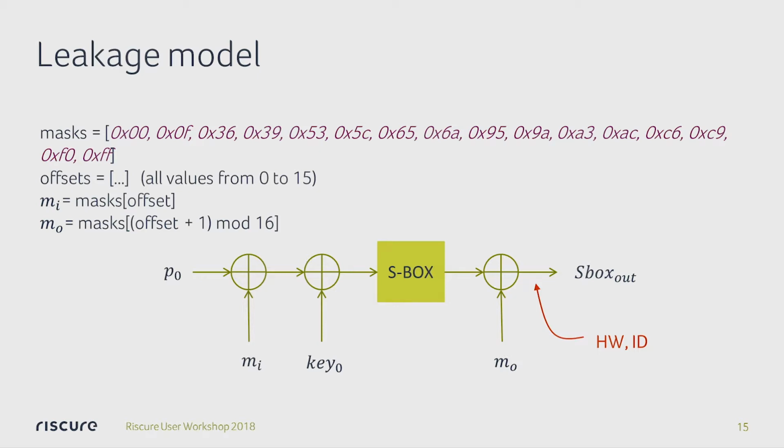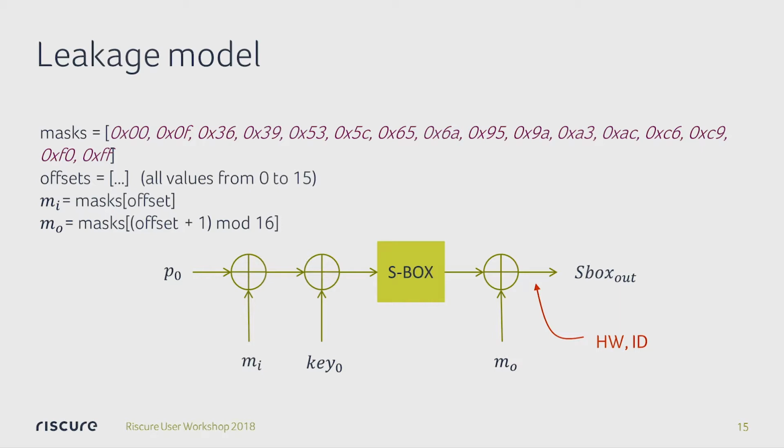The first one is based on the offset index, and the second one, which we call M0, comes from the offset plus 1 mod 16. So MI and M0 will be different, and they are used to mask the input value in the first S-box. The plaintext is XORed with the first mask.